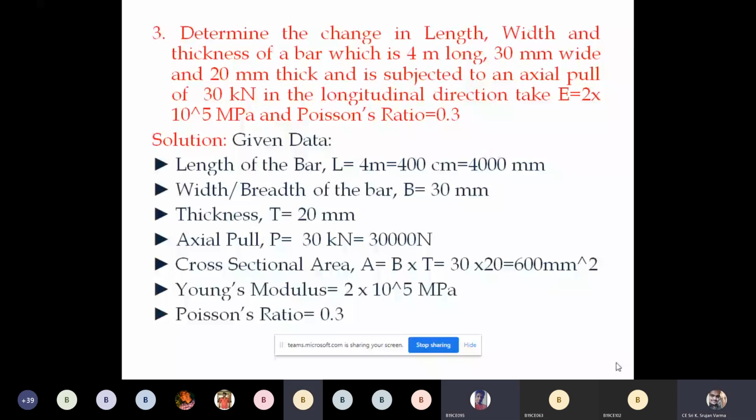Sir, 1 Newton per millimeter square. 1 newton per 1 millimeter square is called 1 megapascal. Next, 73, Bharat. Pascal, how much? What exactly is the value of a pascal in newton per mm square or meter square?